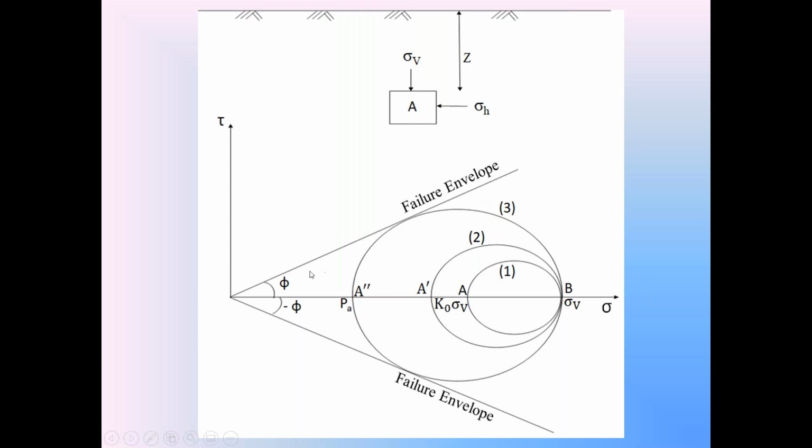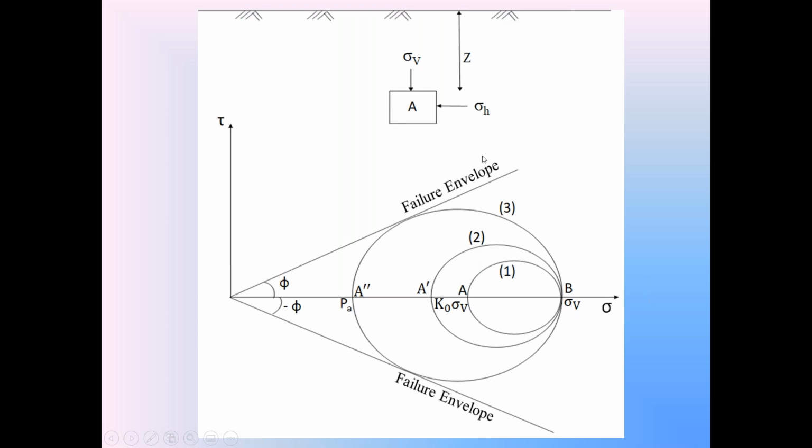Just now I discussed this failure envelope for cohesionless soil according to the Mohr-Coulomb equation. This is the envelope for the Mohr-Coulomb equation, and it is called the failure envelope. Mohr stress circle 1 and Mohr stress circle 2 both lie below the failure envelope.